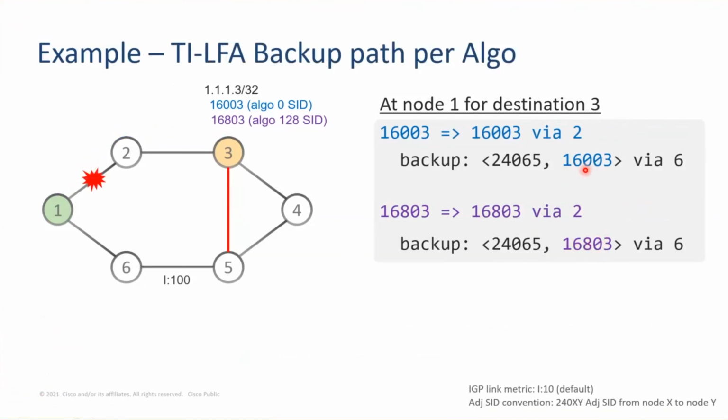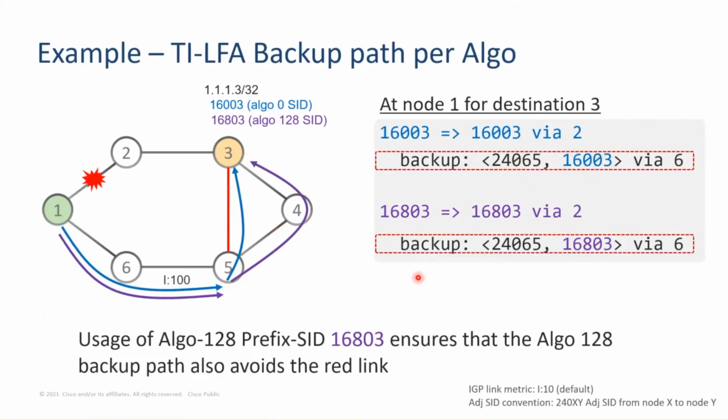It means that when the link between 1 and 2 fails, the traffic following the backup path for algorithm 0 is going to go via node 6 through a high metric link between 6 and 5, so that's the adjacency SID, and then it will follow the shortest path from 5 to 3 based on the fact that it's going to use the prefix SID of node 3. That will mean that this traffic for Algo 0 will traverse the red link.